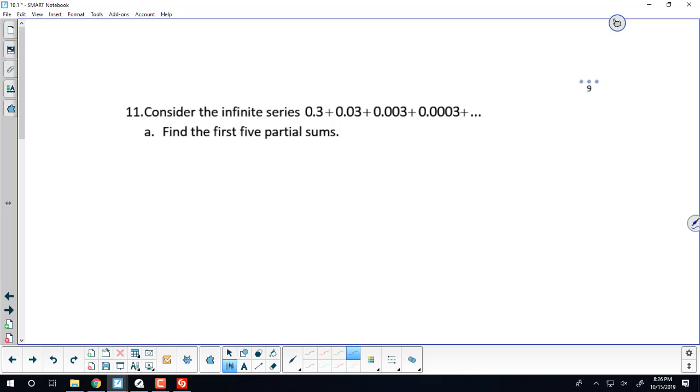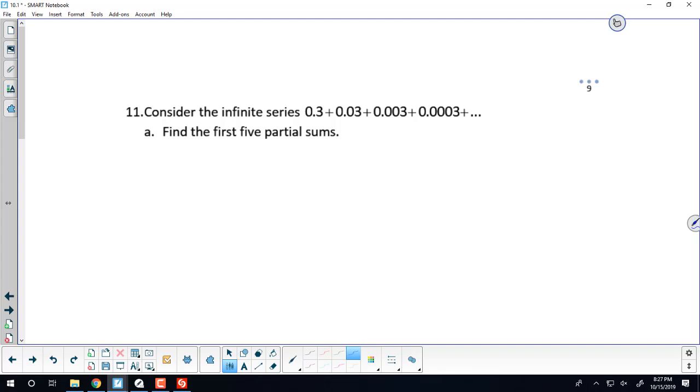Another type of example is these repeated fractions. So like if we take 0.3 plus 0.03 plus 0.003, et cetera, we can look at that as a series as well.